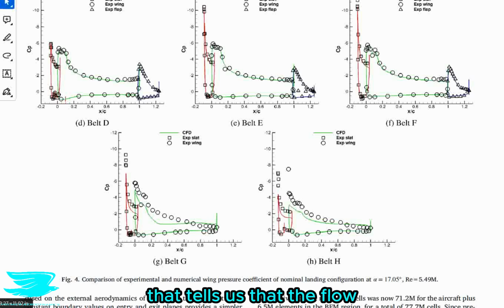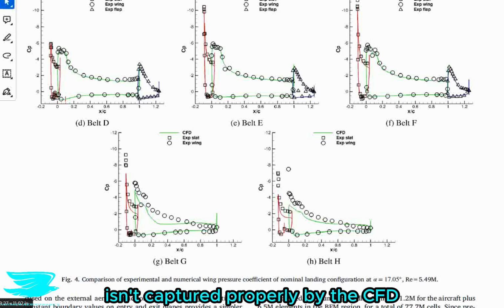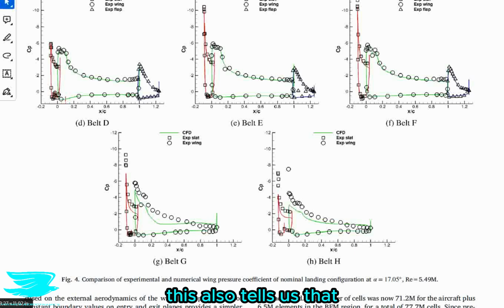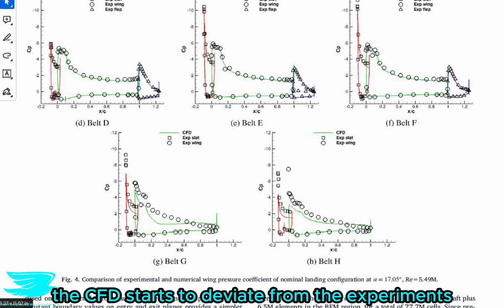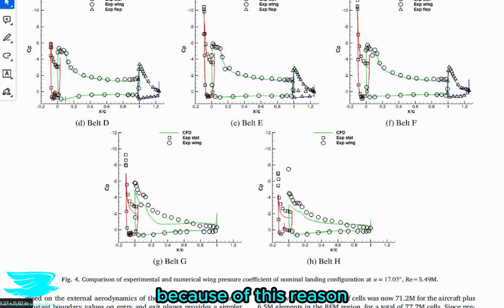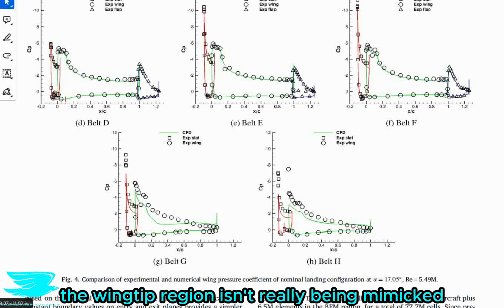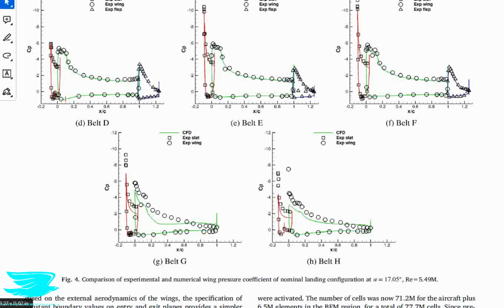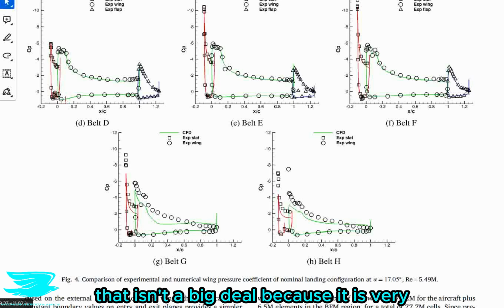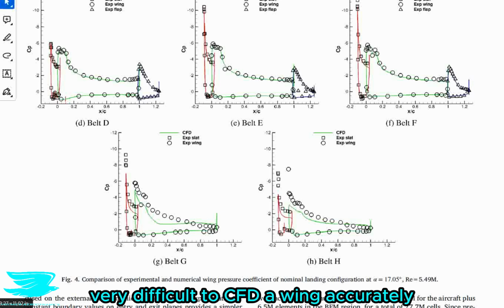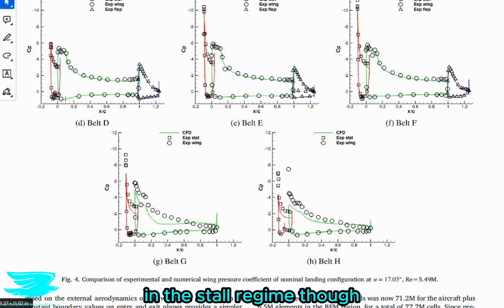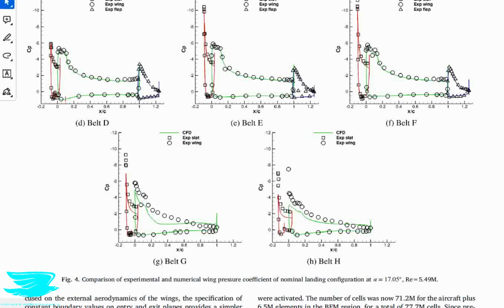That tells us that the flow separation and the physics at the wingtip isn't captured properly by the CFD. This also tells us that when we get to high angle of attack, the CFD starts to deviate from experiments because of this reason. The wingtip region isn't really being mimicked properly. That isn't a big deal because it is very, very difficult to CFD a wing accurately in this stall regime though. So it's kind of expected.